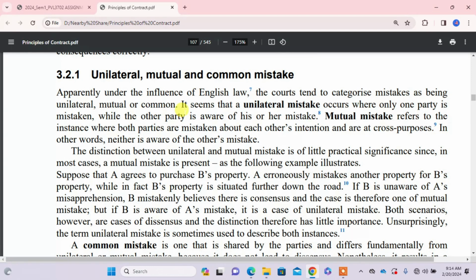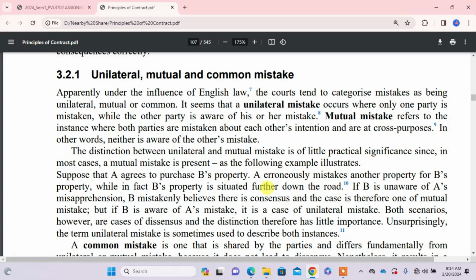They said that a unilateral mistake occurs where only one party is mistaken, while the other party is aware of his or her mistake. Mutual mistake refers to the instance where both parties are mistaken about each other's intention and are at cross purposes. So that is the difference between unilateral mistake and mutual mistake, which you have to take into account.